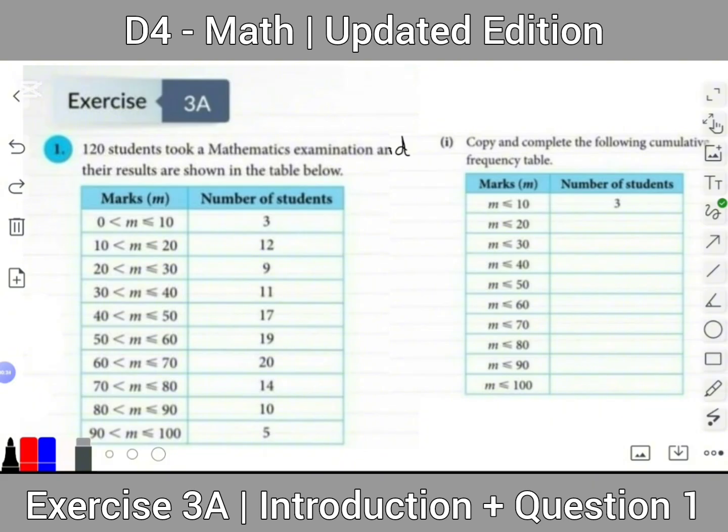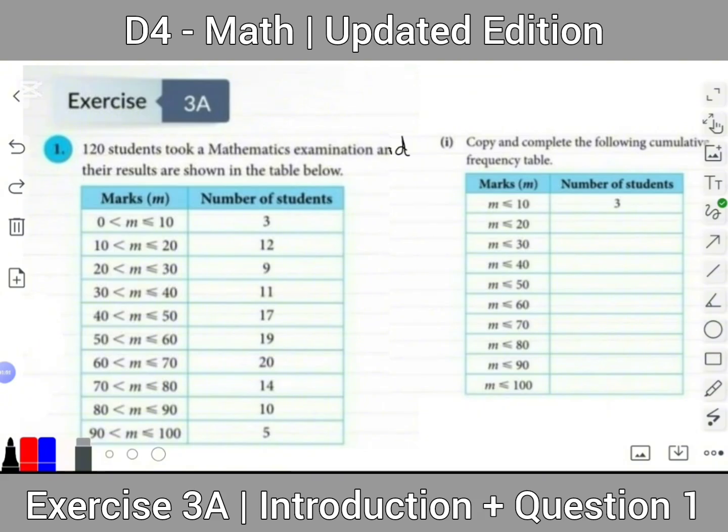Now, in part 1, copy and complete the following cumulative frequency table. So, let's have a look at the frequency table. The regular frequency table is about the mathematics examination results of 120 students. For a cumulative frequency table, the first entry will always be the same as the frequency table.